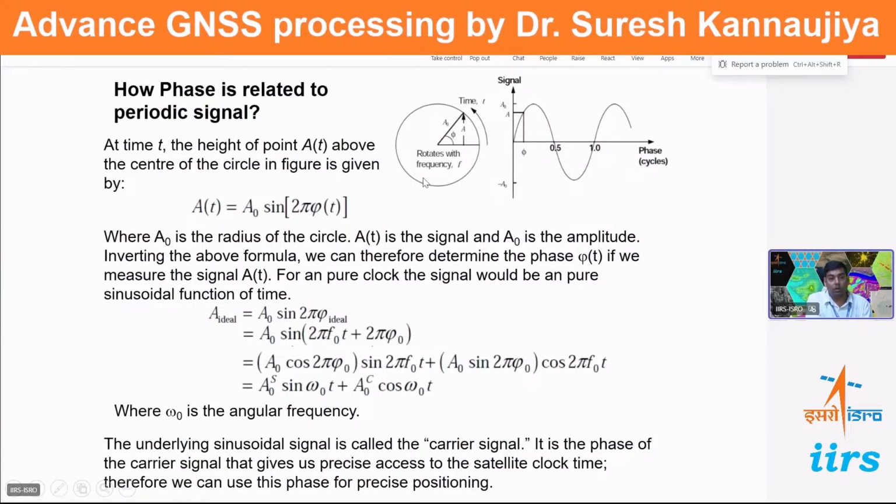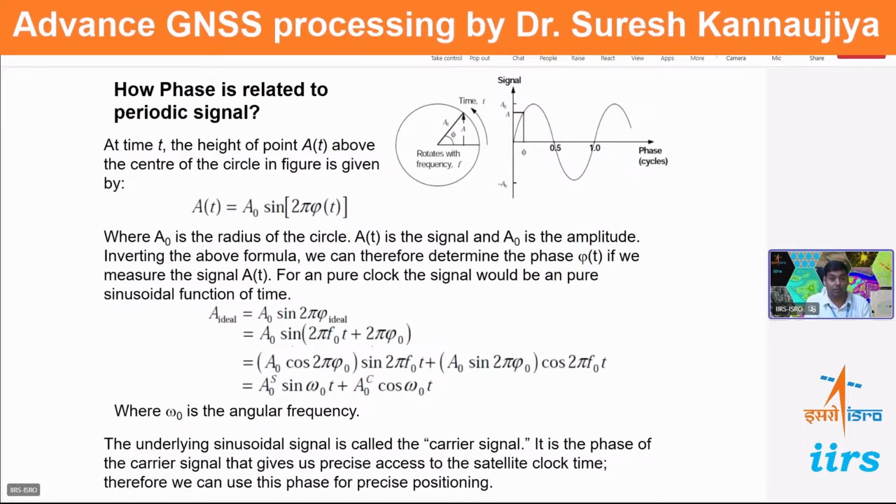Okay, and you can see the formula. With the help of this formula, we can estimate the amplitude; at this particular time we can estimate what the amplitude is and what the phase is, all this information.